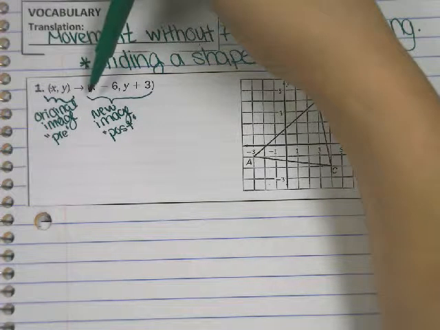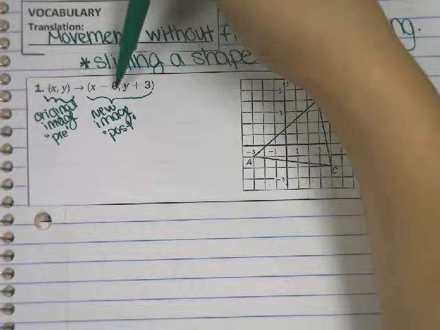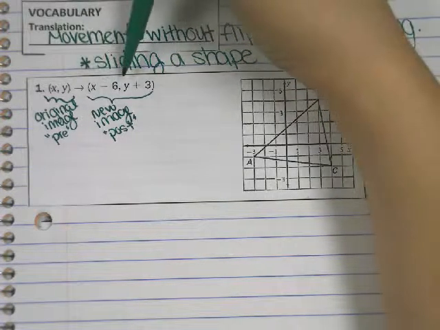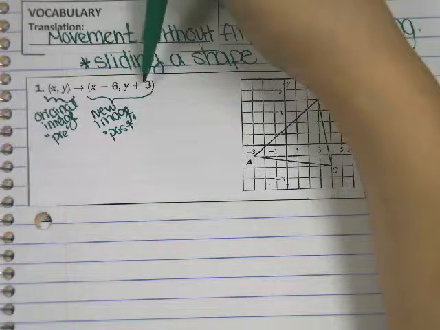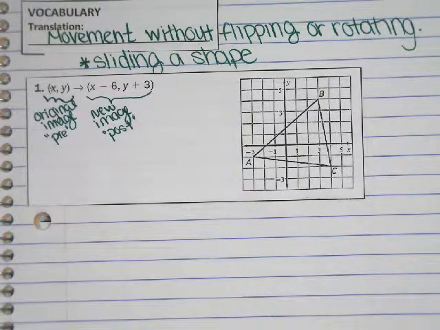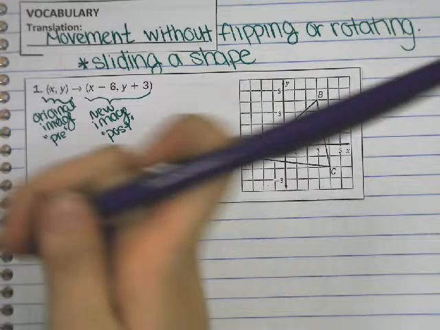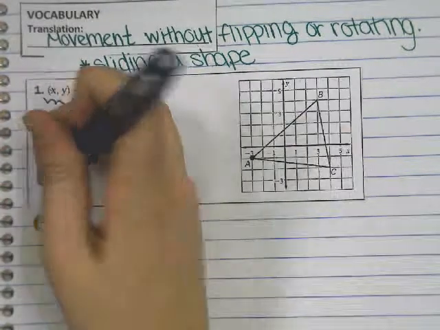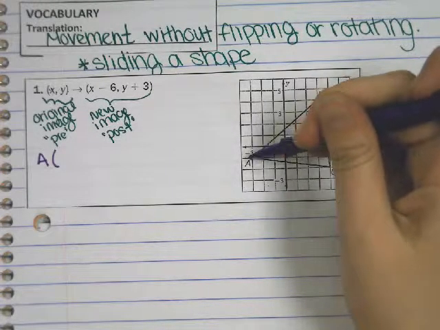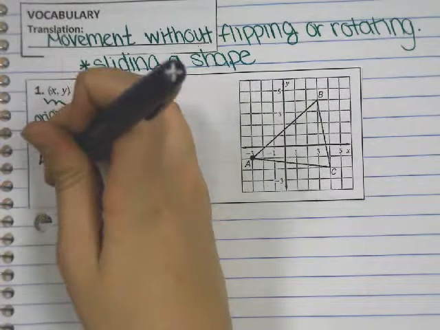We're going to take our x value and subtract 6 from it. We're also going to take our y value and add 3 to it. Let me show you how this works with our example off to the right. Start with point A. A is the point -3, -1.